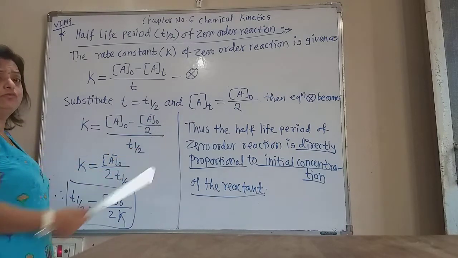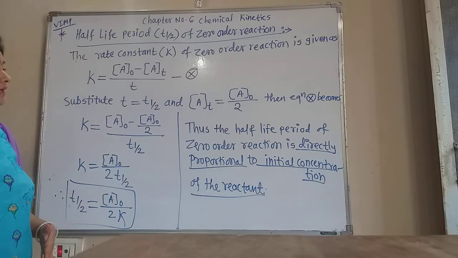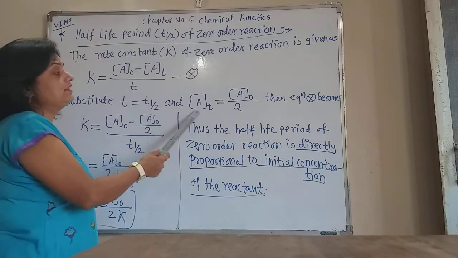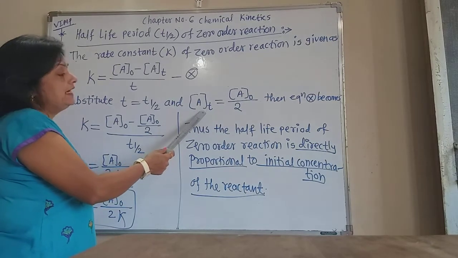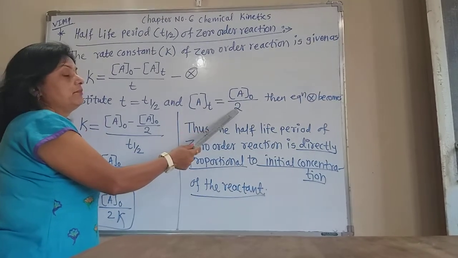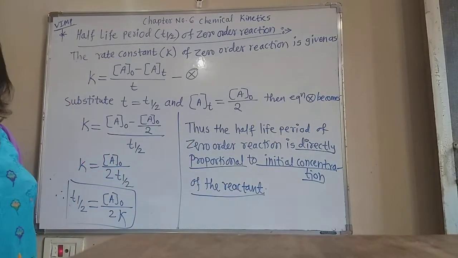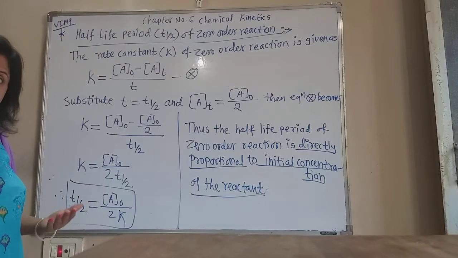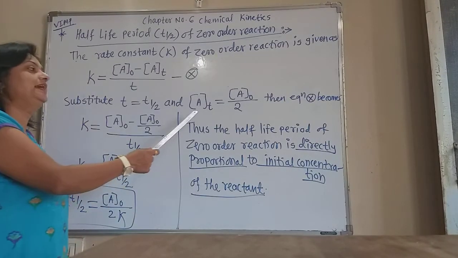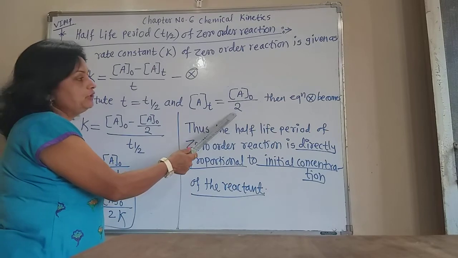And At, what is remaining after the half time, the concentration of the reactant, is also half. So At is equal to A0 divided by 2, that is, the initial concentration gets consumed by half the quantity.